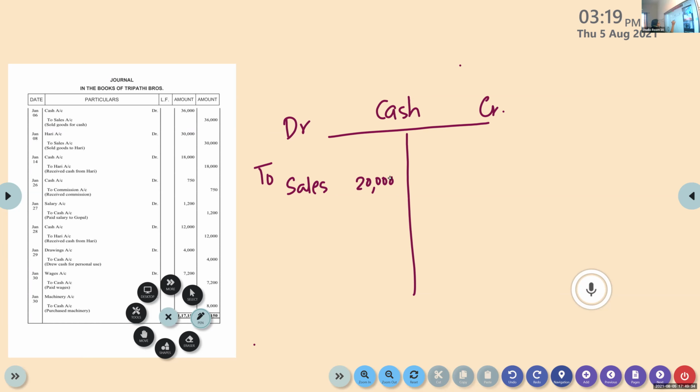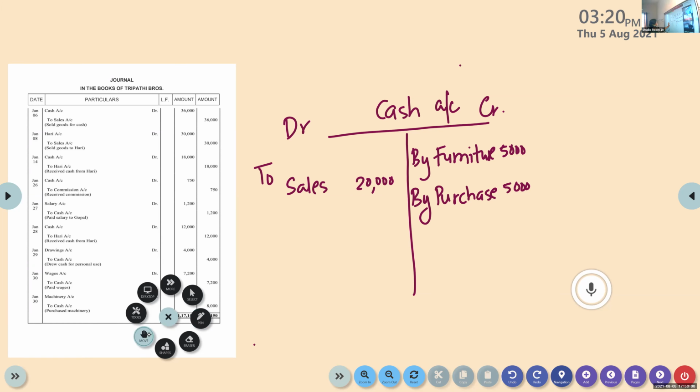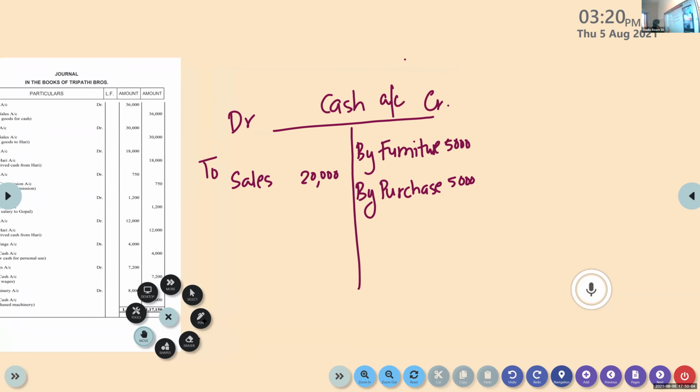Furniture account debtor, by furniture, by purchase, 5,000. Suppose this is a cash account we prepared. I hope it is clear.